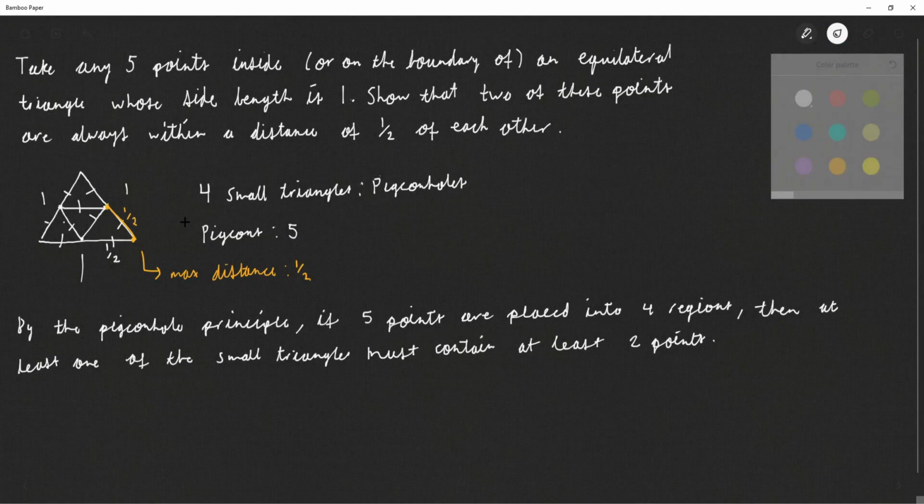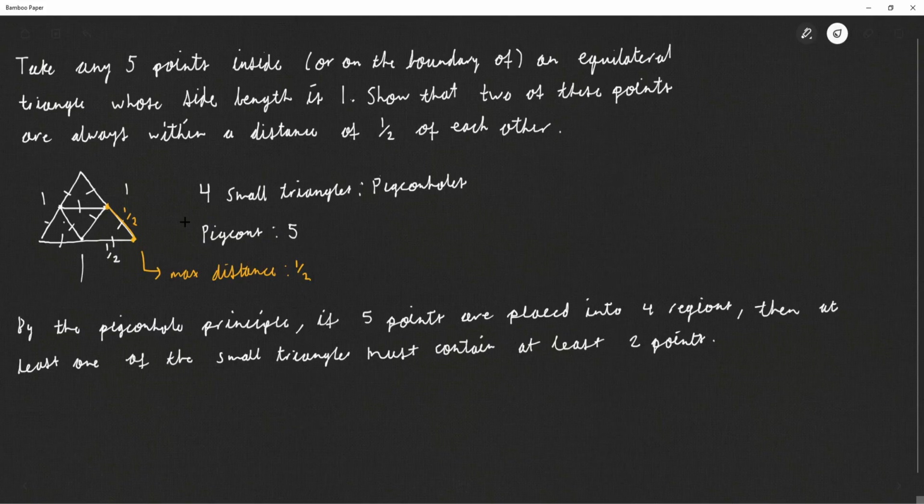But now if you notice, if we place any 2 points, since 2 points have to go into one small triangle, placing any 2 points, even if they're the furthest points apart, is at most 1/2.